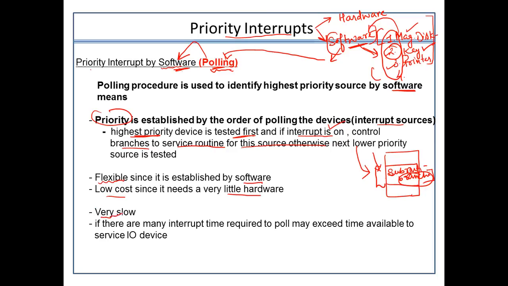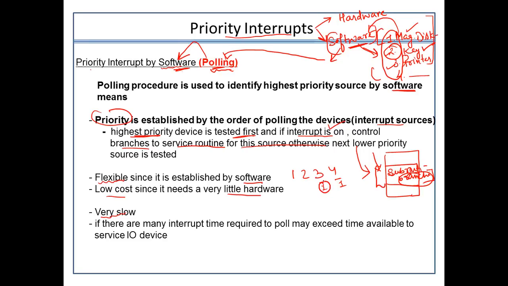But these are very slow devices, and if there are many interrupts, the time required to poll may exceed the time available for servicing the IO device. You can consider one point here. Let us suppose devices 1, 2, 3, and 4 are attached, and this device has sent a priority request, and this one has also sent.